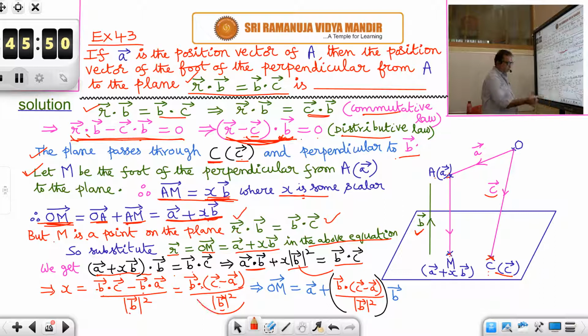This is the value of x, which is nothing but a scalar. Numerator is a dot product, denominator is mod B whole square, means it is just a scalar. Put this value of x in the position vector of M. OM bar is A bar plus x B bar. So A bar plus x we have just found, into B bar. So this is the position vector of the foot of the perpendicular from the point A to the given plane.